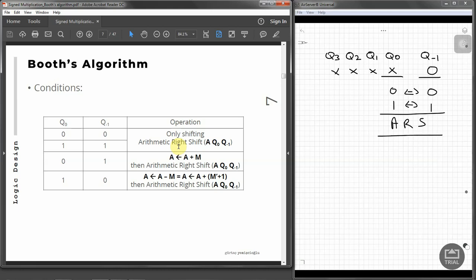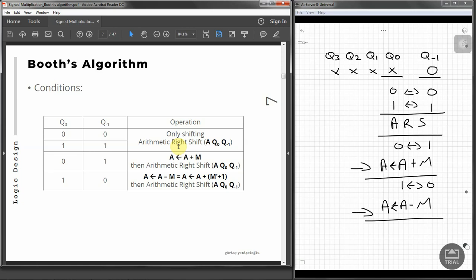If it is 0, 1, the accumulator will have the value accumulator plus the multiplicand, or if it is 1, 0, the accumulator is going to be A minus M. But when we do either of these operations, after that we also need to do an arithmetic right shift. So we need to perform an arithmetic right shift in both cases.